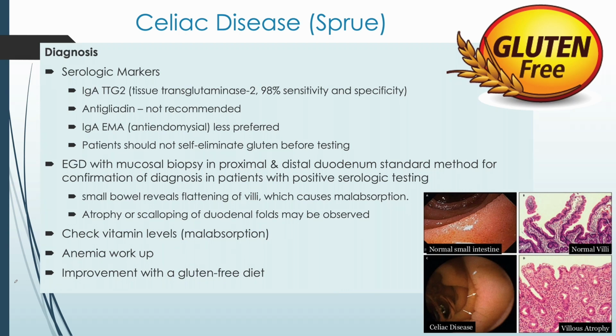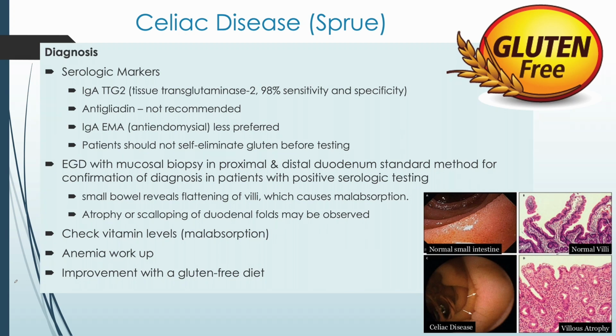And then microscopically you see villus atrophy. So the villi are these little finger-like projections that increase surface area in the small bowel for absorbing nutrients. You can see here that over time the body, in the autoimmune process, kind of attacking itself, wears down those villi, they atrophy, and that decreases surface area for absorption and causes inflammation in that area.